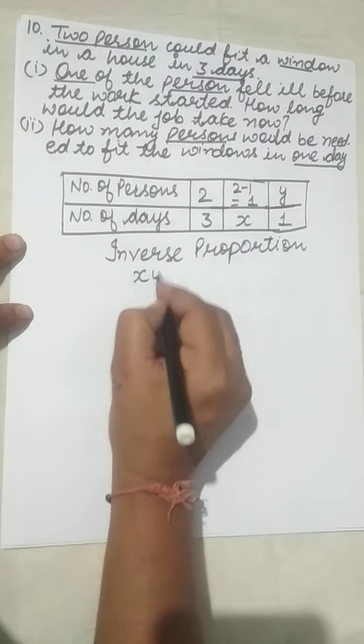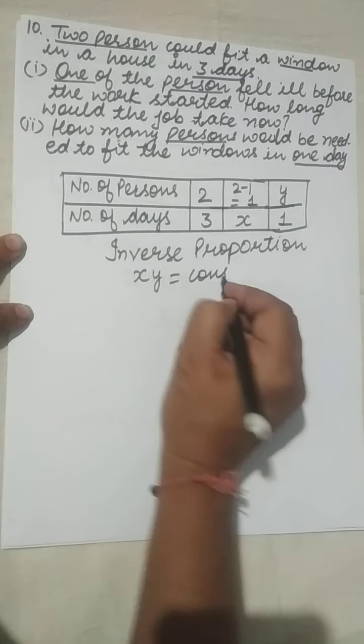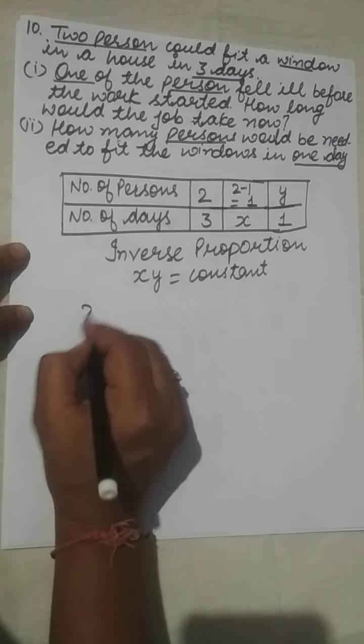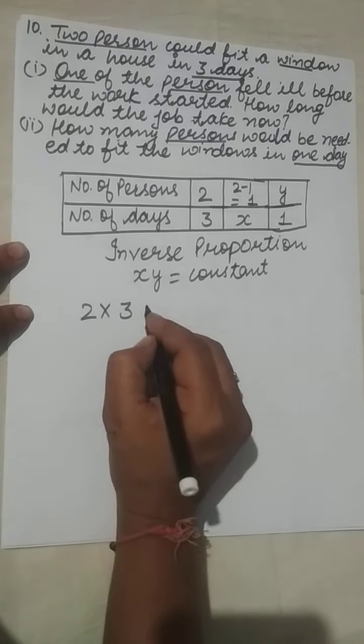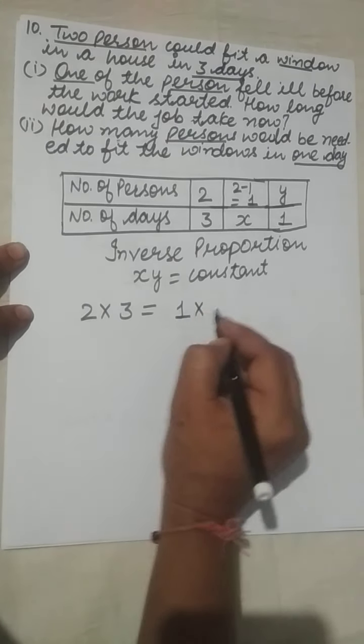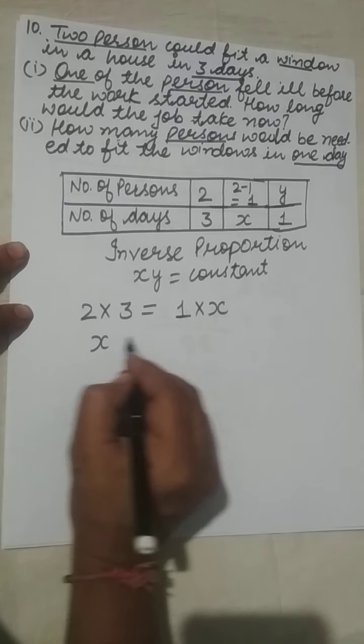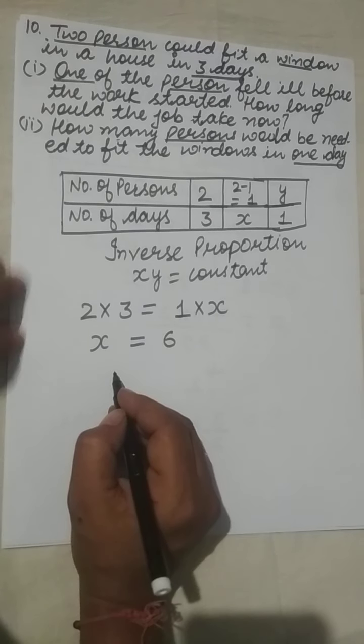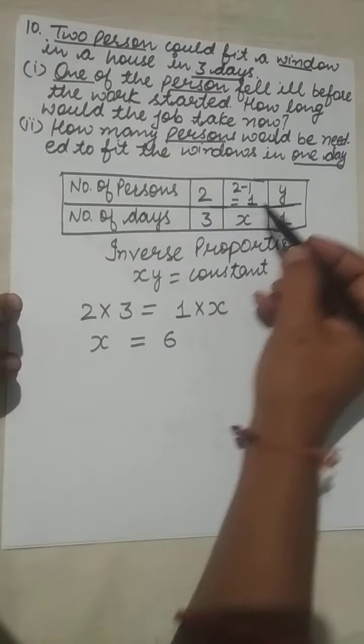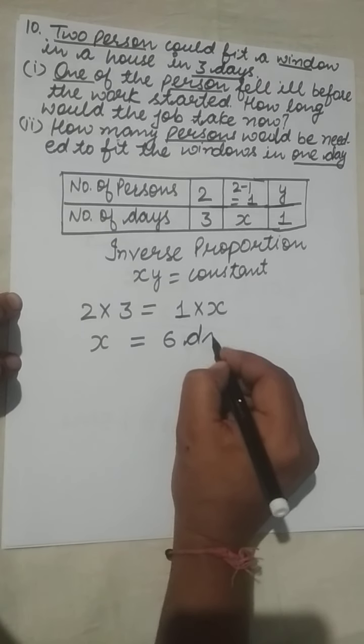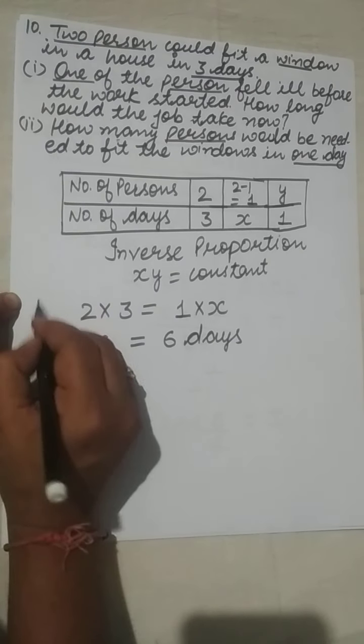So xy must be equal to constant. Firstly I will calculate the value of x. 2 multiplied by 3 is equal to 1 multiplied by x. That is, x is equal to 3 2s are 6. It means one person will take 6 days to complete the job.